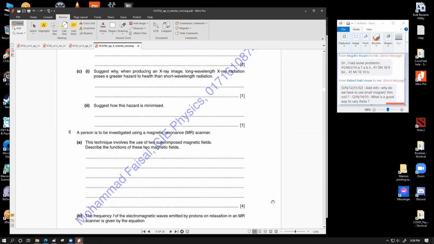Larmor. Yes, at the same Larmor frequency. That covers the first magnetic field.